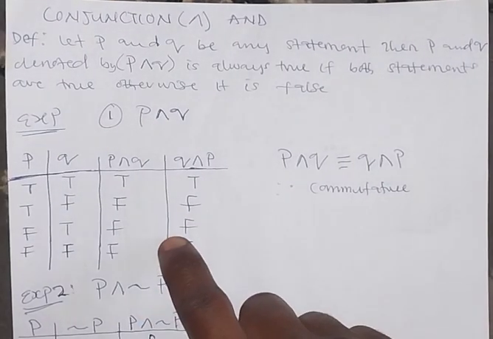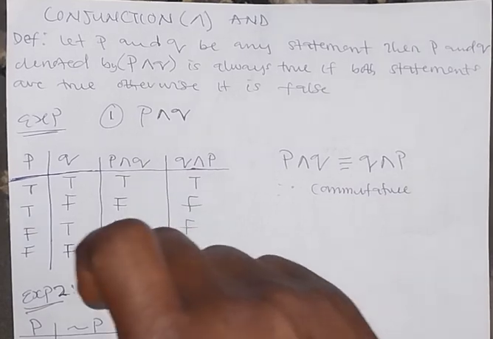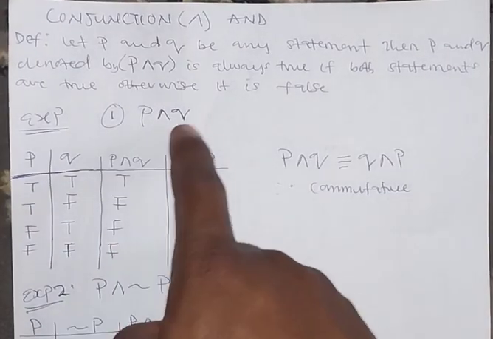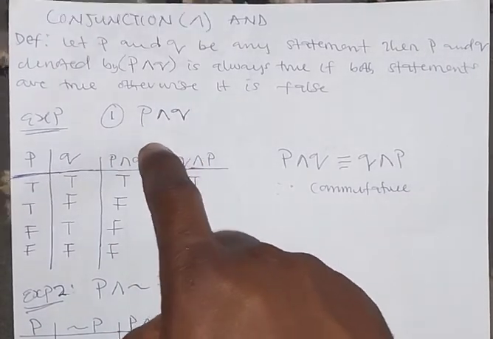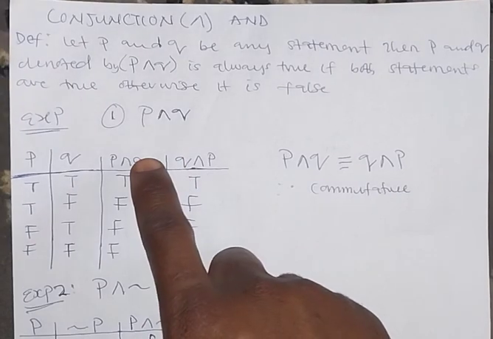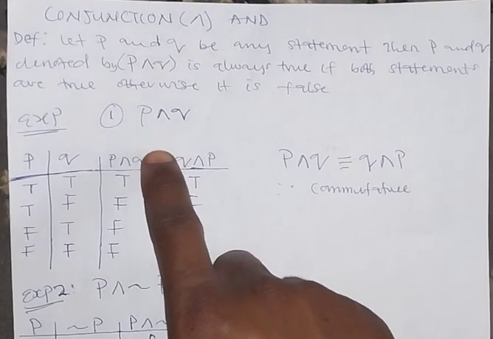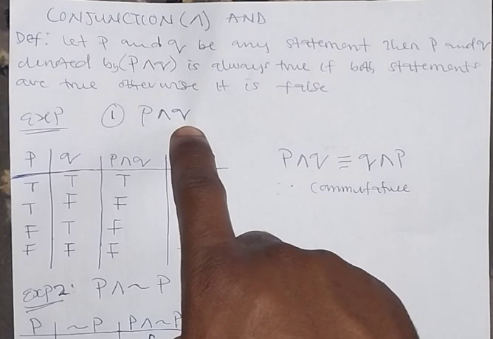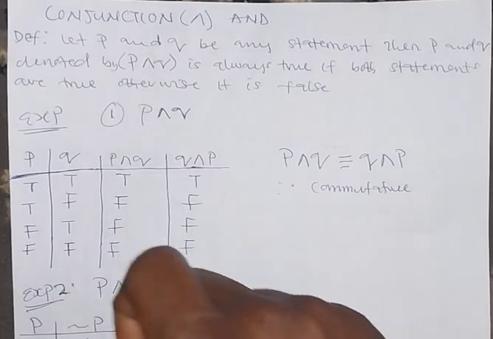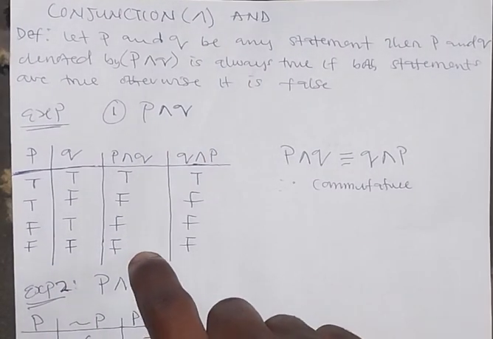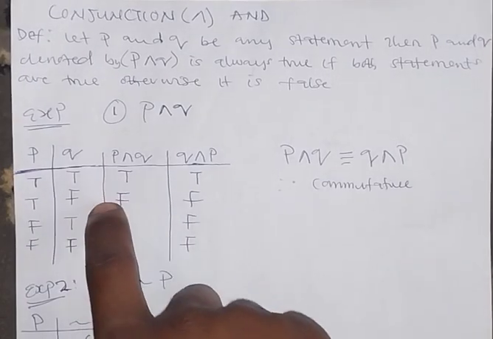Also, we said that if you're given this kind of equation to solve for P and Q, this P and Q statement, we are going to use a truth table to illustrate this, and this is a truth table.